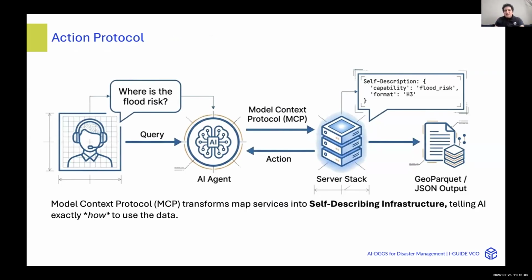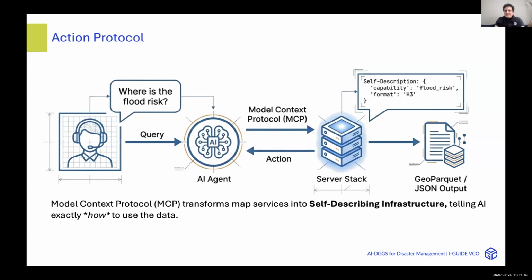So the nice part is that a person would ask an LLM a query, like where's the flood risk? And the AI agent will use the model context protocol to interact with the server, identify what it needs, identify the functions that it needs to call, do all the calculations and the repetitive process over multiple data, and at the end provide a GeoParquet or a JSON or whatever format comes out, and represent this as an outcome to the user.